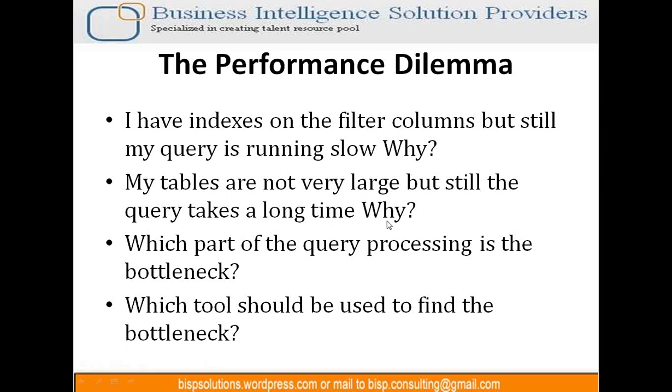What should I do here? Which part of my query processing is the bottleneck? Is the creation of the execution plan the bottleneck, or is the execution of the execution plan the bottleneck? And very important, which tool should we use to find this bottleneck?